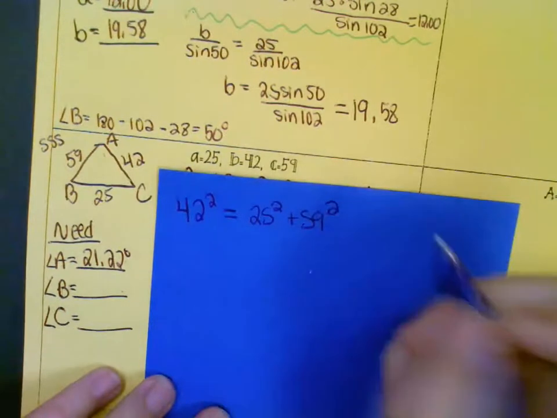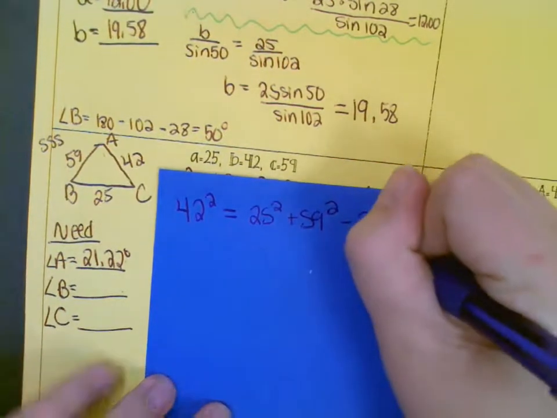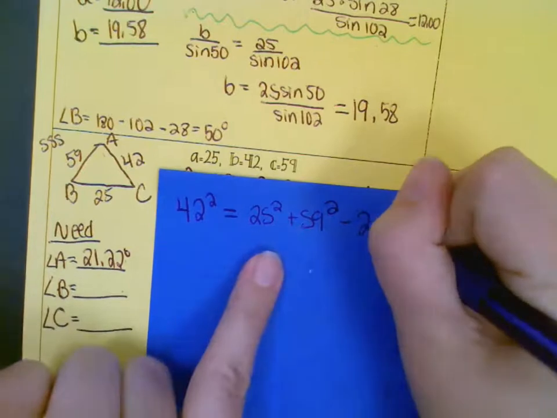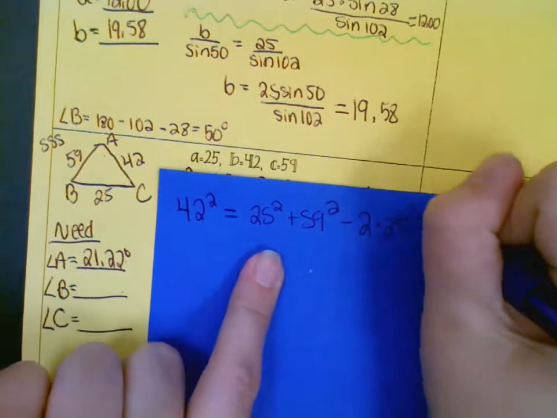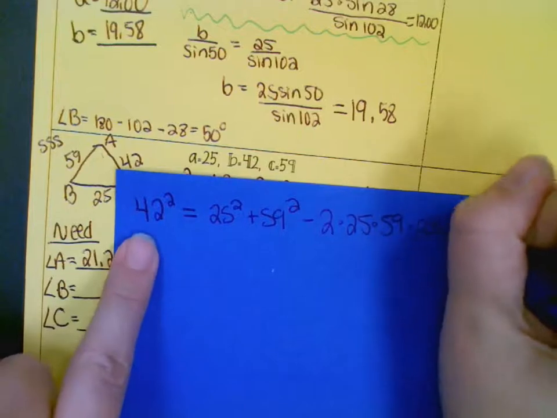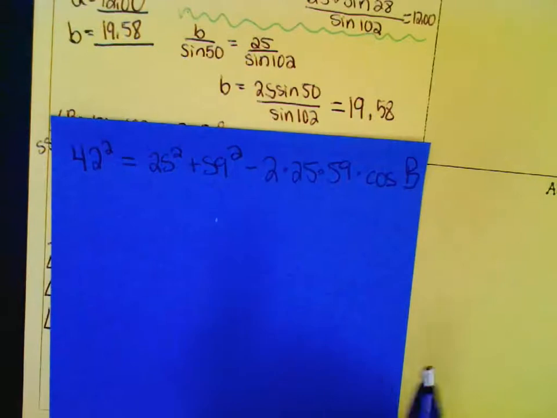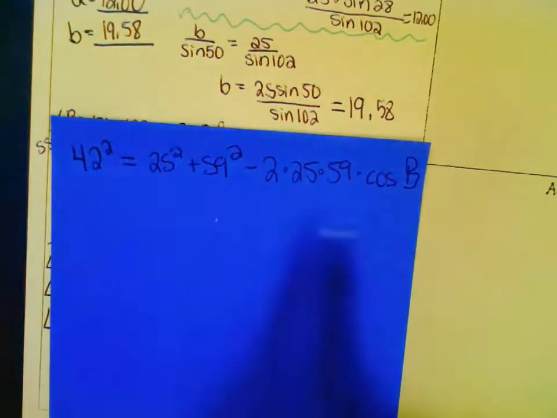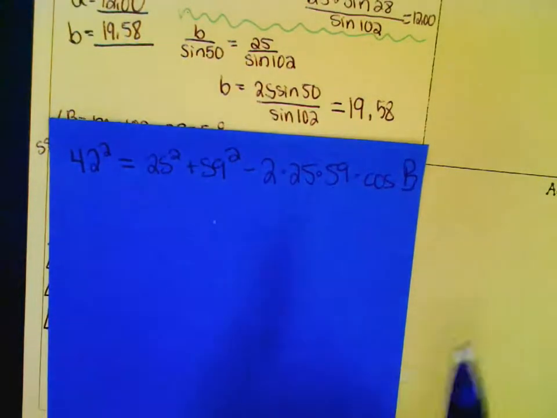It's like your Pythagorean theorem part, minus 2 times whatever we have here, times the cosine of the letter we're looking for, B. Go ahead and try to solve for B. Pause the video. When you come back, I will show you my work, so if you got stuck, you can see what to do.